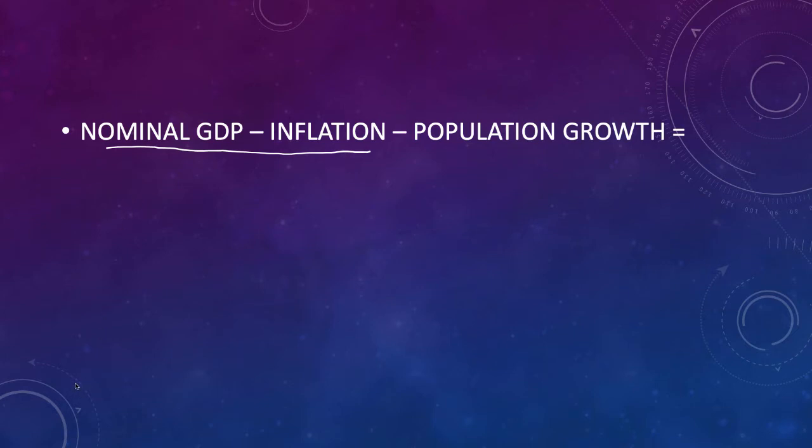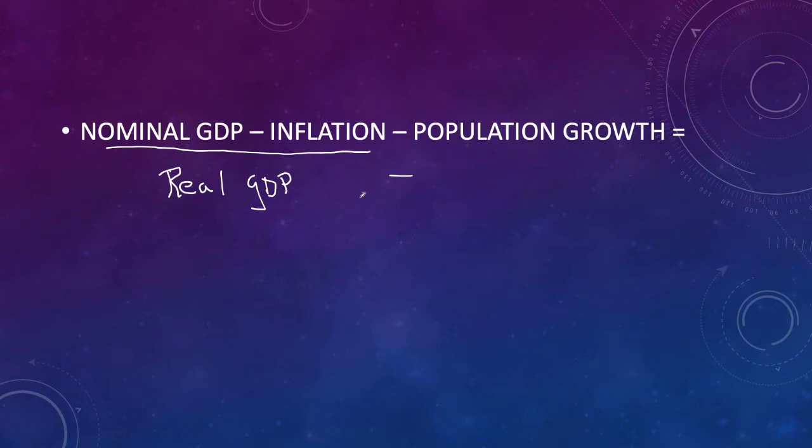So we use this to calculate the real GDP. But now what we want to do is add that component of per person, that component of GDP that is taking into account what's going on with your population.